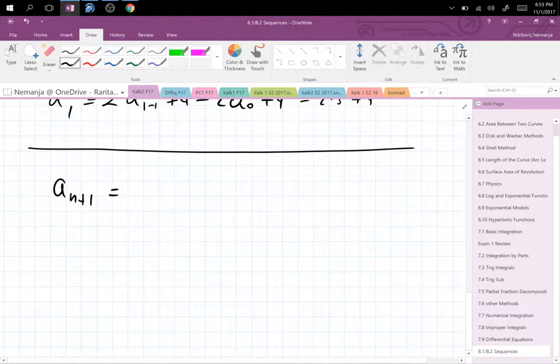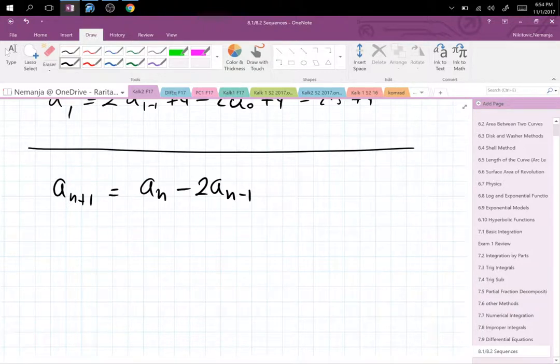A n plus 1 is equal to A n minus 2 A n minus 1. Wow, this one depends on the previous 2 terms, which means that I have to give you 2 initial terms to start off this mess. So let's start with A0 being 5, and A1 to be 3, whatever.